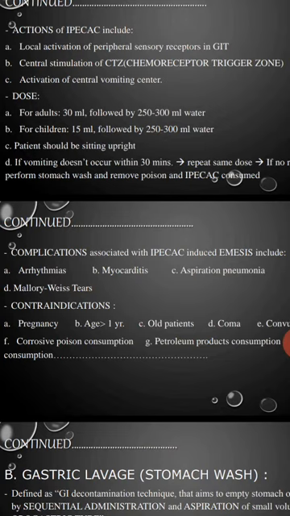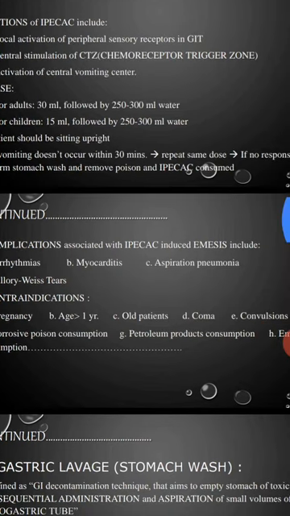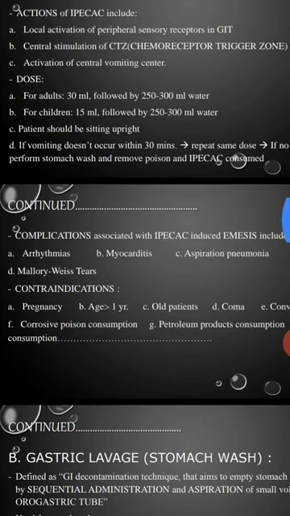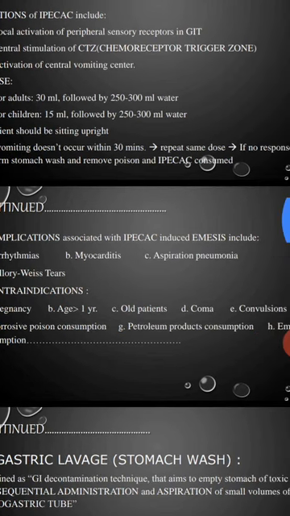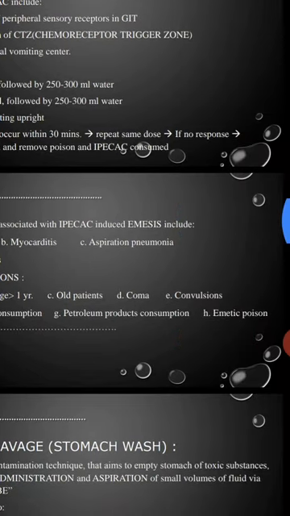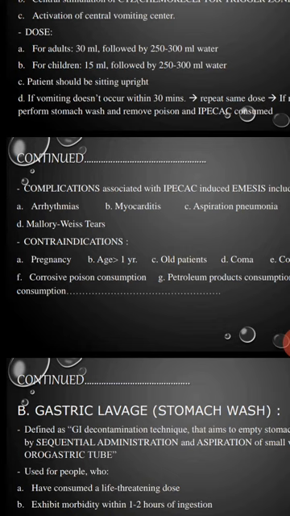Now the contraindications. You cannot induce vomiting in pregnant women, children less than 1 year, old patients, those in a coma, or those having convulsions. Also if the patient has a myocardial infarction or ischemic disease, or if the patient has consumed corrosive poisons like strong acids and strong alkalis, petroleum products, or an emetic poison.